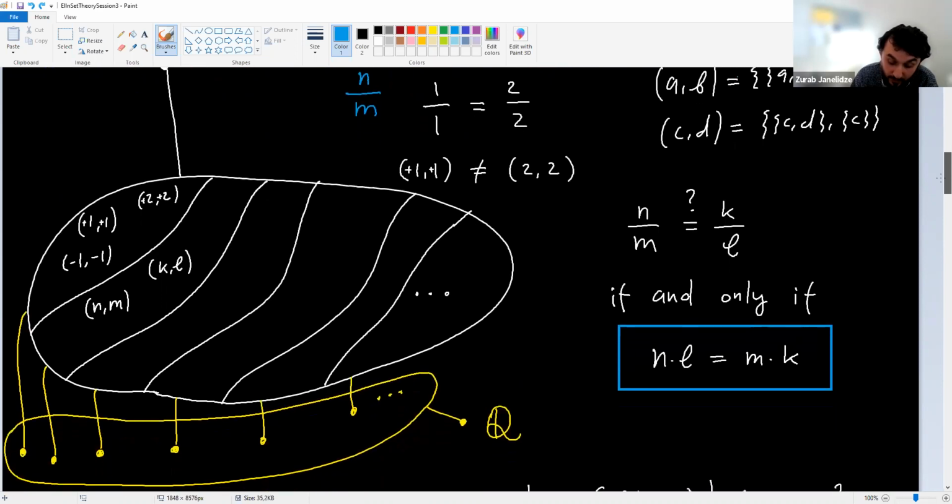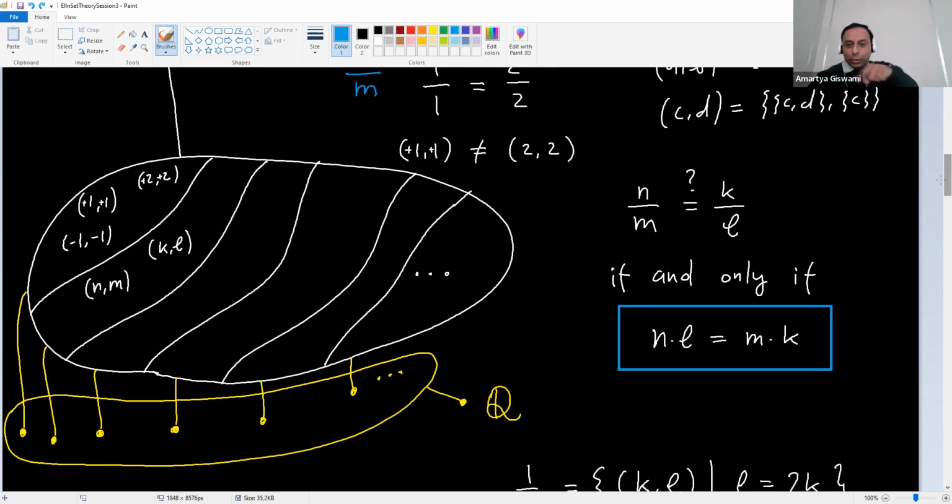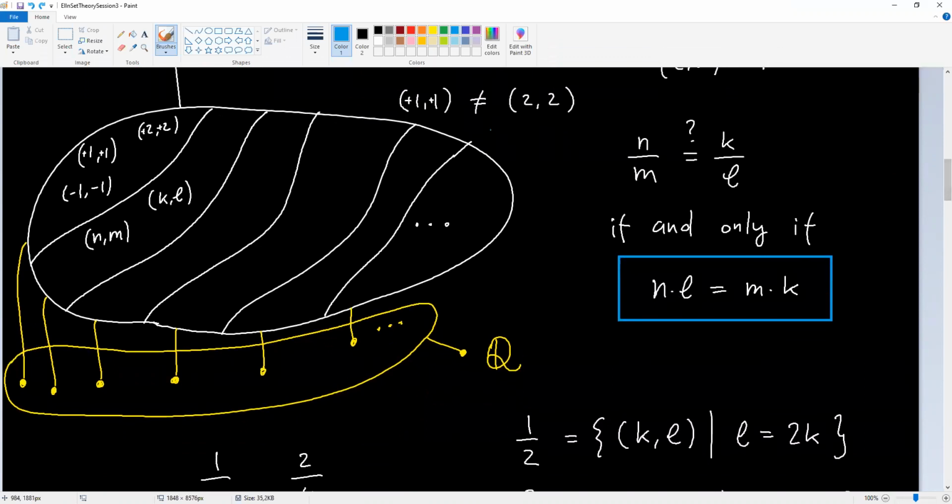That's exactly the equivalence relation, which is in this blue rectangle. So instead of emphasizing that inequality there, wouldn't it have been better to define what equality means in this context before we talk of equality?